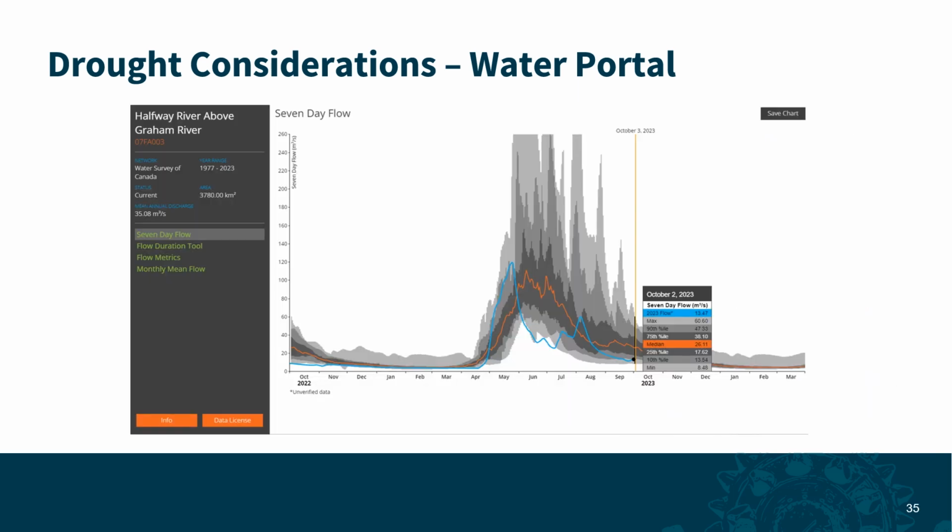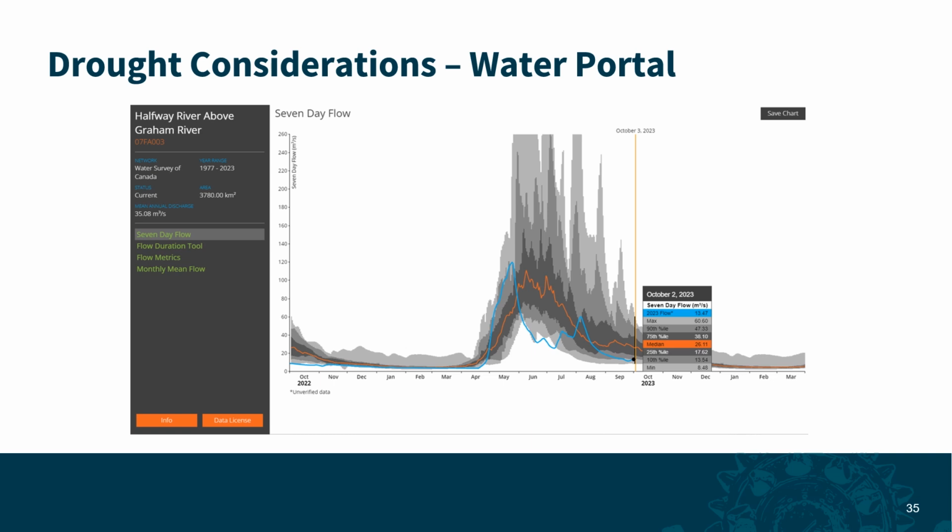And if I zoom down all the way to the 10th percentile, which again is representative of quite low flow conditions, you see that those 10th percentile flow conditions are just a little bit higher than what the current flow is, so 13.54. So that means that on October 2nd, 2023, flows in the Halfway River were actually quite low compared to historical averages.